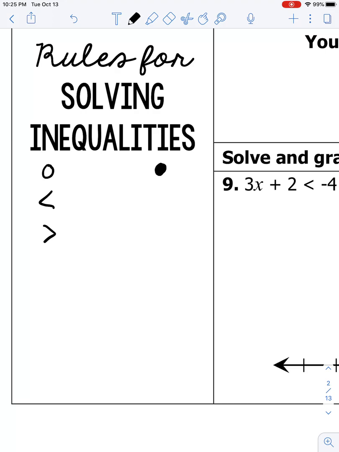A closed circle is always going to be less than or equal to or greater than or equal to. All right? So, doing interval notation. When we get to the interval notation part, an open circle is going to be parentheses. A closed circle is going to be brackets.